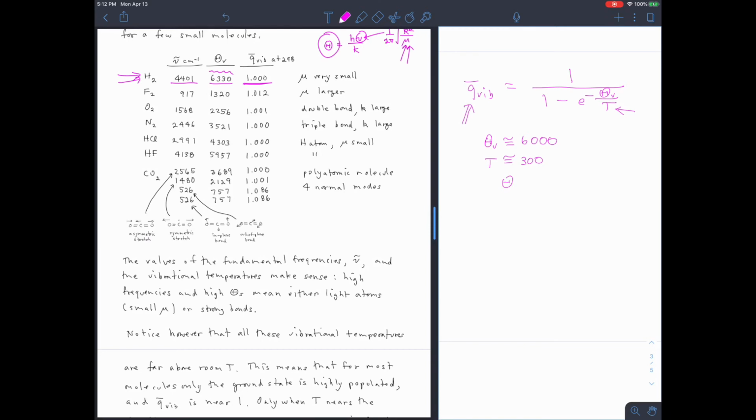And so theta V over T is about 20. And that means our Q vibe here is 1 over 1 minus e to the minus 20. That's essentially 0. And so we just get 1. That's always going to be true as long as our temperature is well below the vibrational temperature. We're always going to get a small partition function, basically 1. We're only going to have one state occupied as long as we're well below the vibrational temperature.